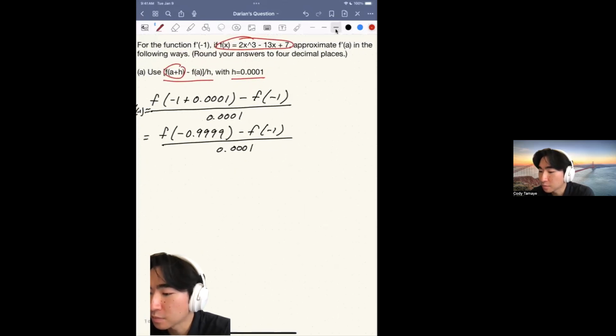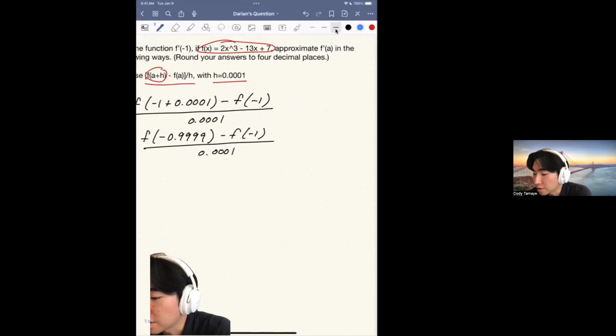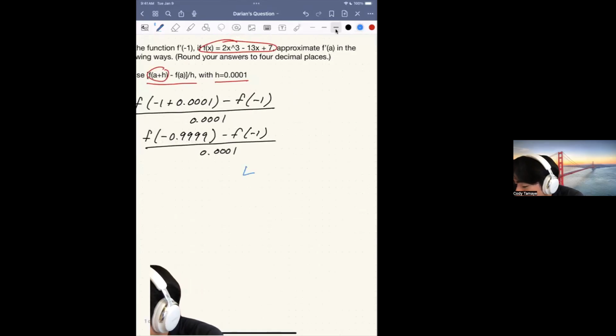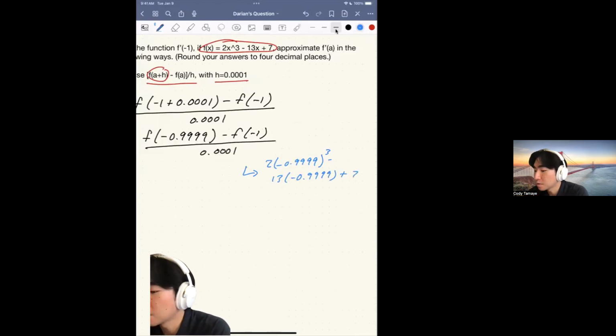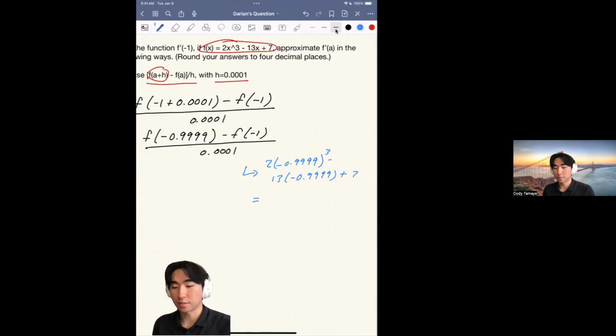So let's do that. We'll take our function and say 2 times -0.9999 cubed, minus 13 times -0.9999, plus 7. So let's get our calculator out and plug this in.